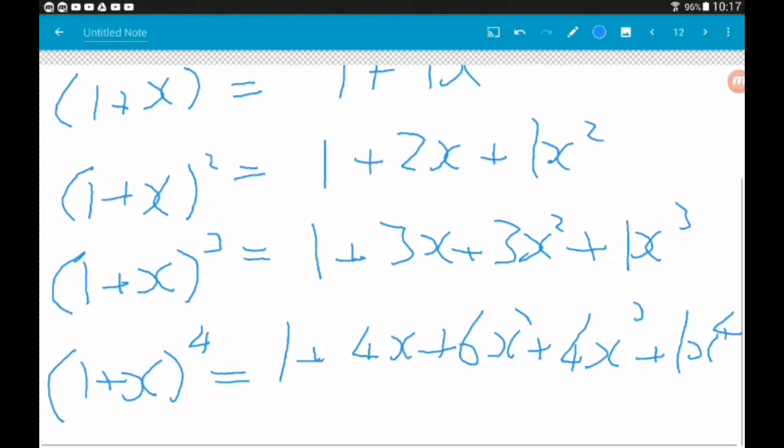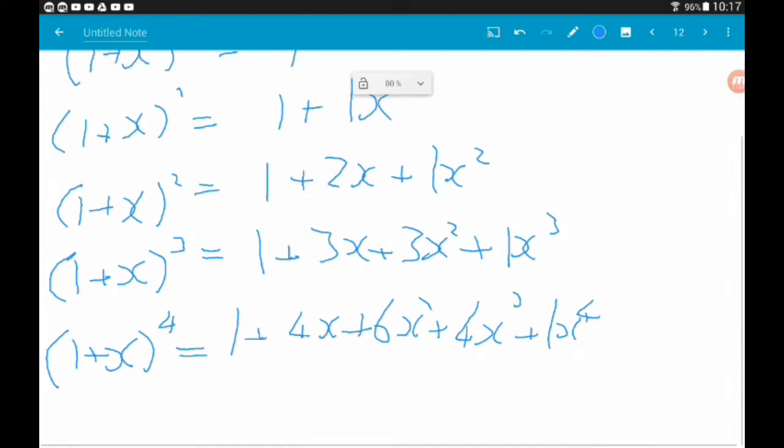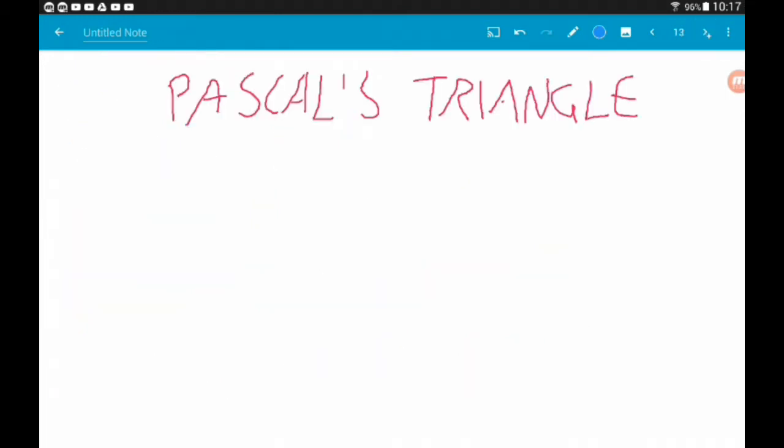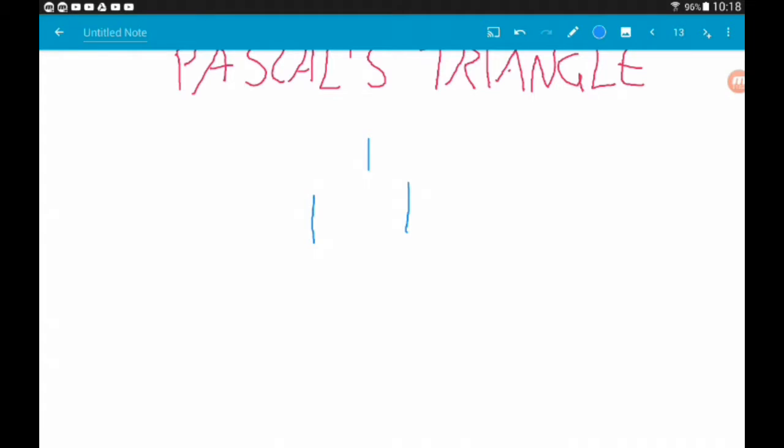So, for you, make a note of these expansions, and then on the next page, we're just going to be dealing with the coefficients. So, the first one was just a 1. Then we had 1 and 1. So we had 1 plus 1x. Then we had 1 plus 2x and then 1x squared.